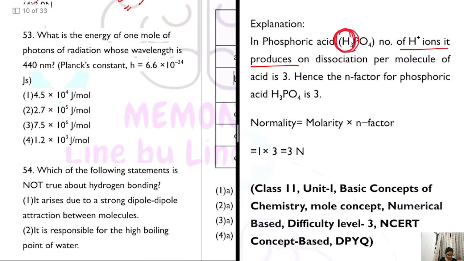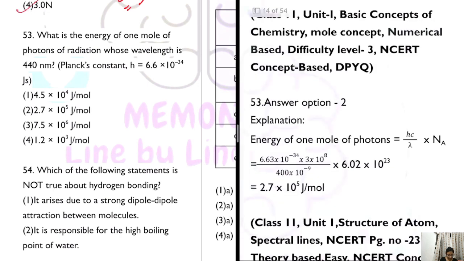It is given: what is the energy of 1 mole of photons of radiation whose wavelength is 440 nanometers? See what formula we will use. Normally the energy is equal to h nu, that is equal to h c by lambda. Okay.